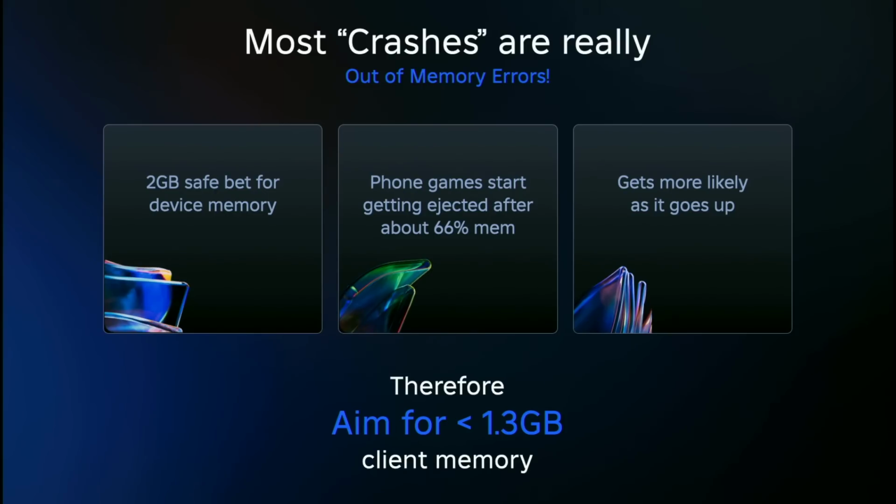So what happens is devices have a fixed amount of memory, and as your game starts using up more and more memory, you start approaching a point where the operating system on that phone will first give your game a warning and say, hey, you're using up too much memory, and the engine jumps in and tries to free up some extra memory and try and stay under the limit that it's warning you about. And then if it goes past that, or you're not quick enough, or if it's just in a bad mood, it ejects your game anyway.